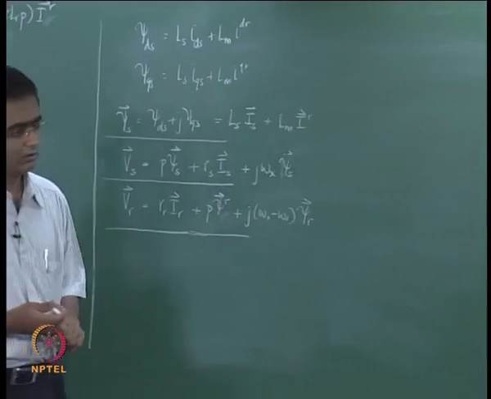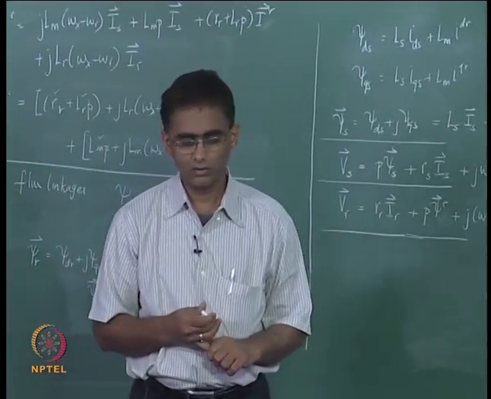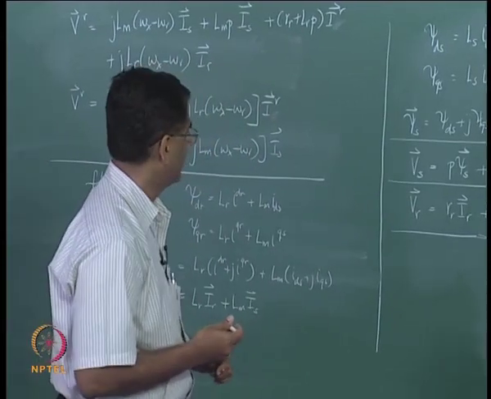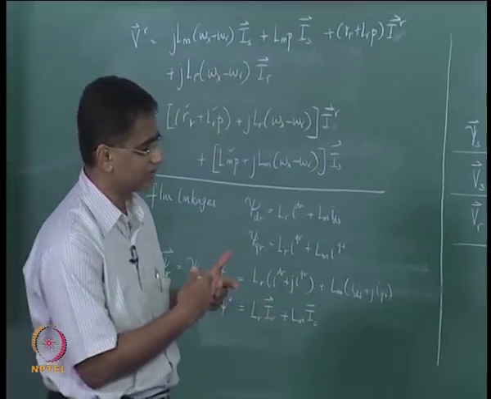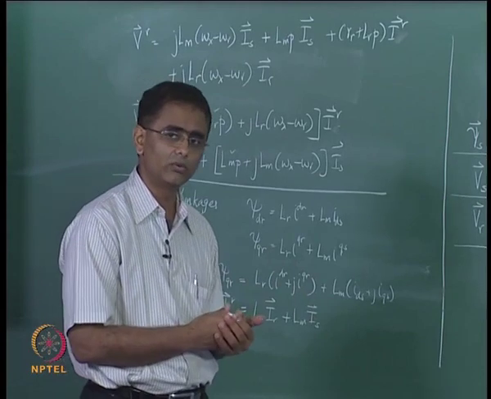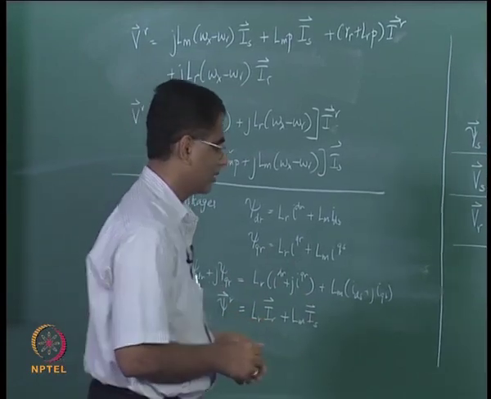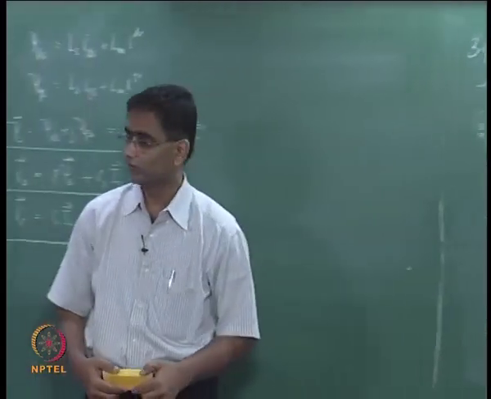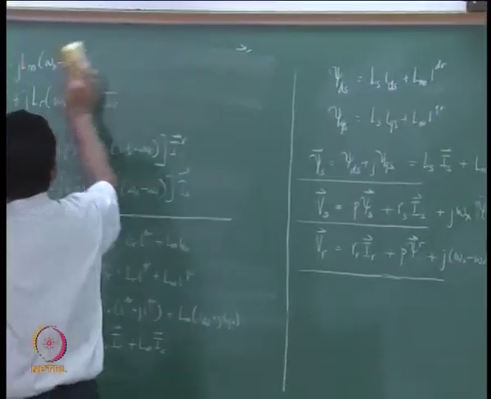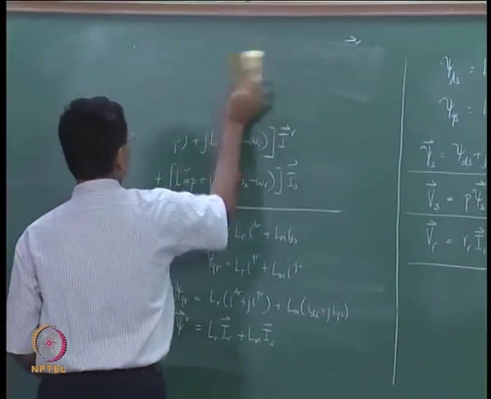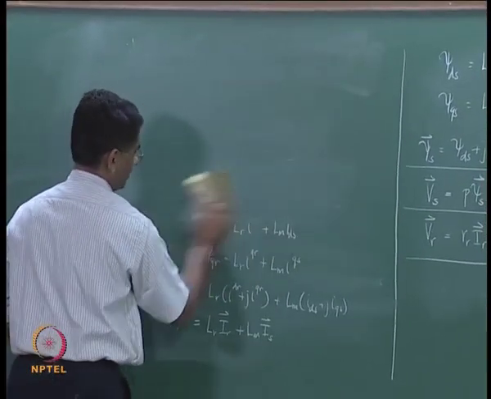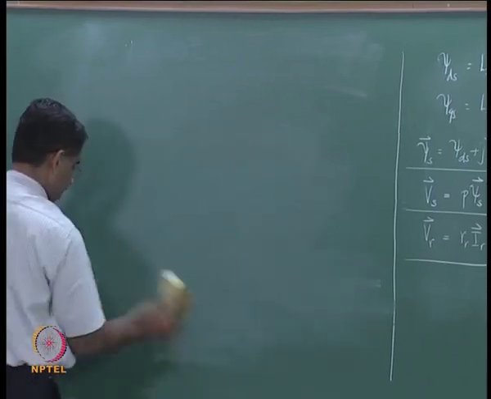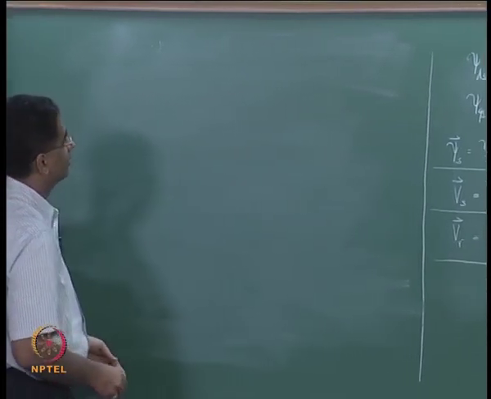Now we have seen a large amount of material on the induction machines, and we should try to move on to the synchronous machines to see how those can be represented by suitable equations. Now the synchronous machine differs from the induction machine in one main aspect, that is the rotor of the machine.